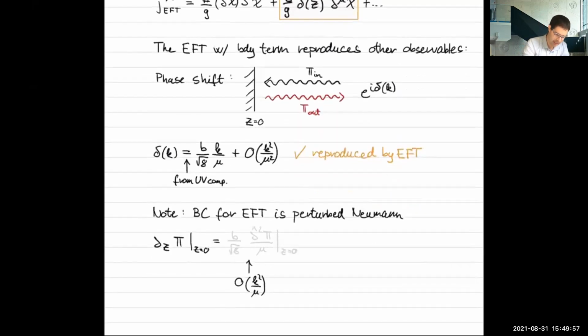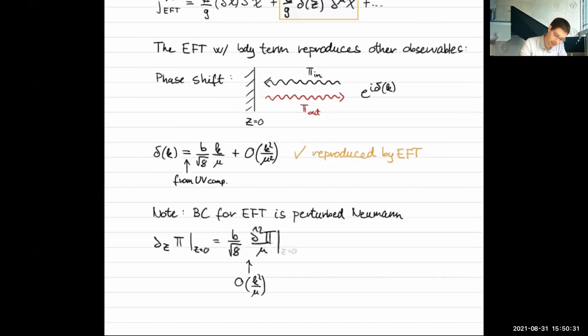So maybe I should have said this before, but this boundary condition for the EFT, for a UV Dirichlet condition, is actually a perturbed Neumann condition. So to first approximation, the transverse derivative of the Goldstone field is 0, and from this boundary contribution we get a small correction, which is suppressed by inverse powers of mu.